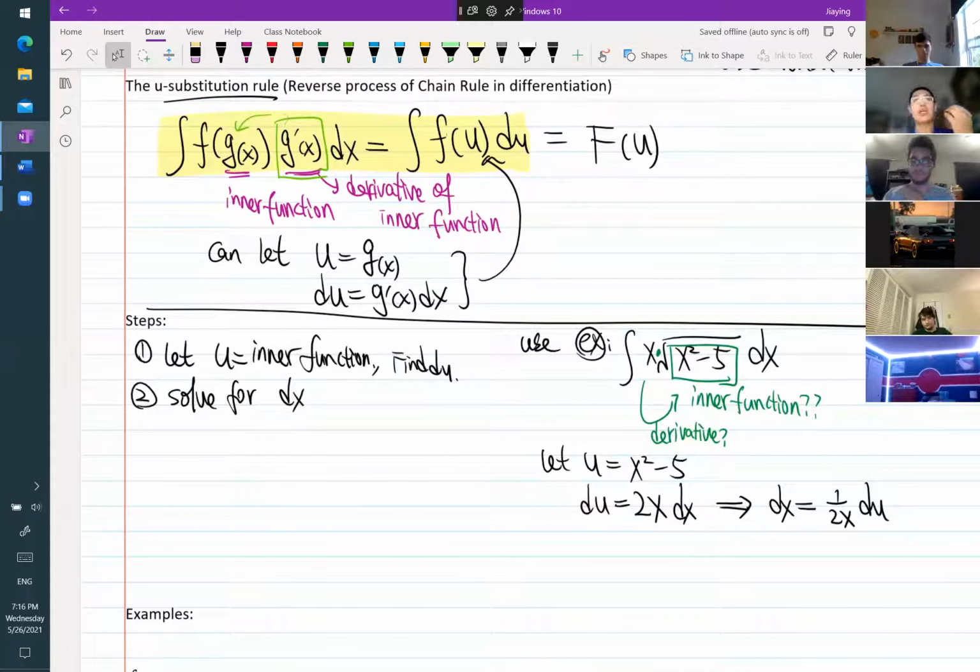Or sometimes you look at it and see something a little bit more complicated. But if you can identify an inner function, you can always try the u substitution. It may not work, but at least try it. It might work after you use substitution.